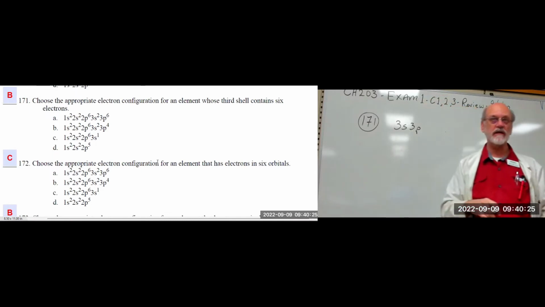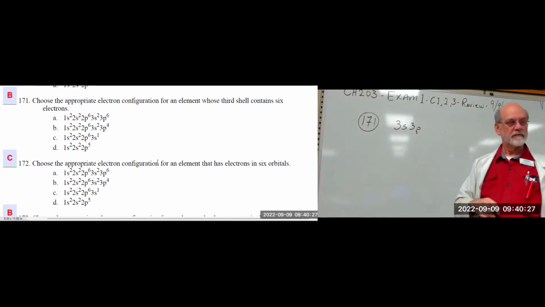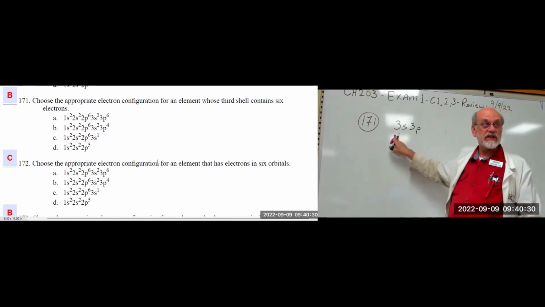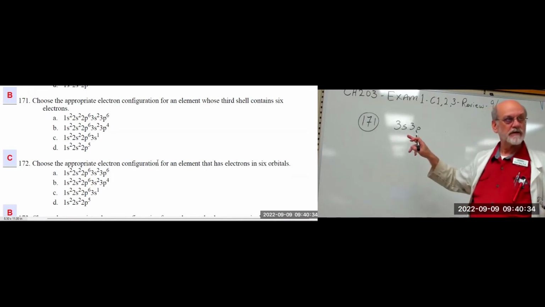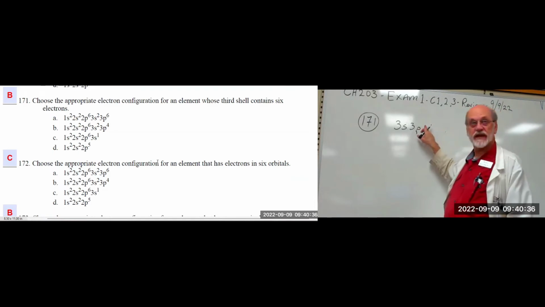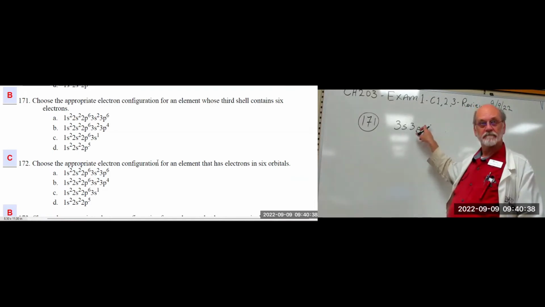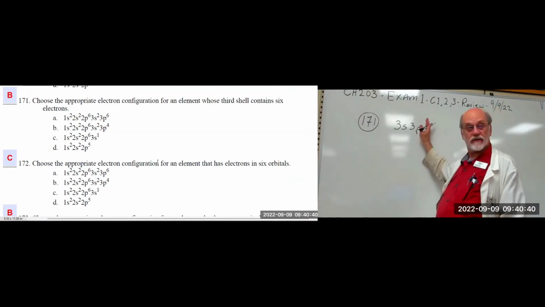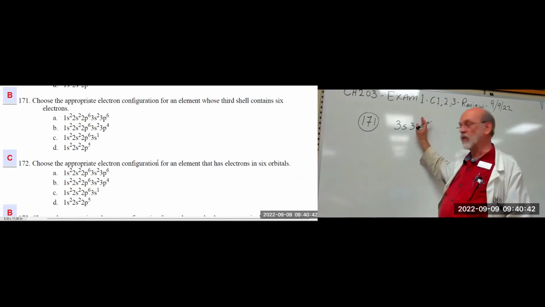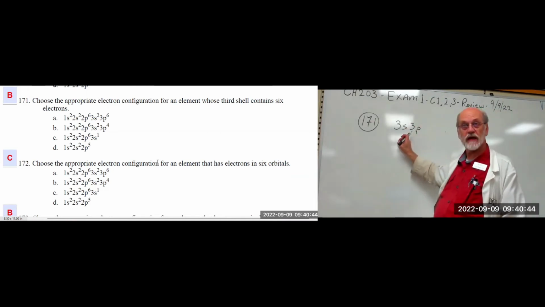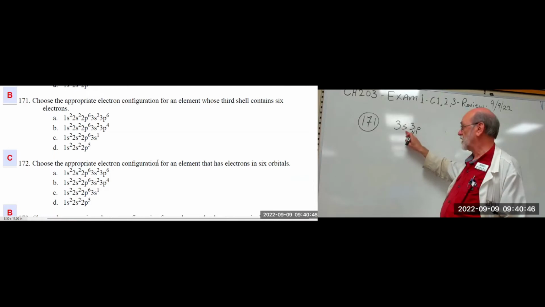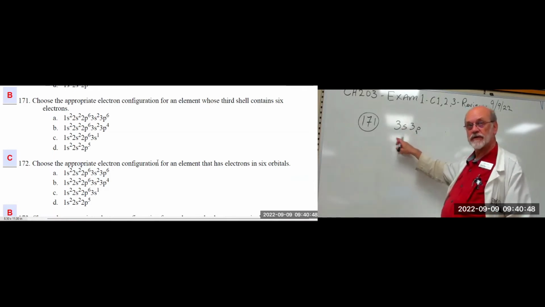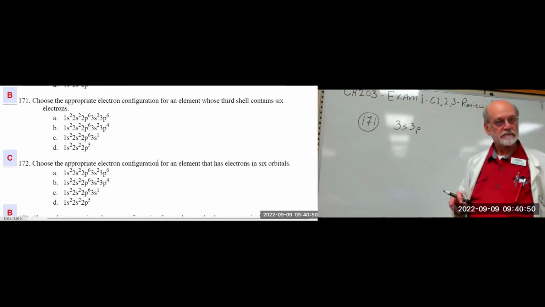Right? That's all you can get out of the third shell. That number's not big enough to give you D's. You can only have S's and P's. So if it's full, it has 2 and 6 here, right? But if we start backing down, right, 5, 4, 3, 2, 1, or even that's gone, you could have 2 here, but the third one would be incomplete.